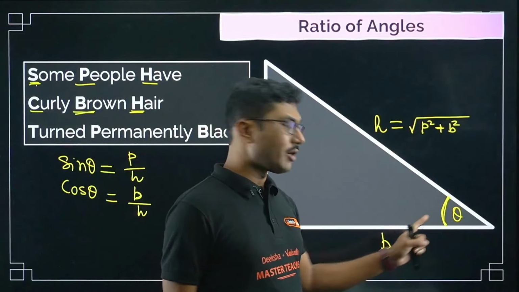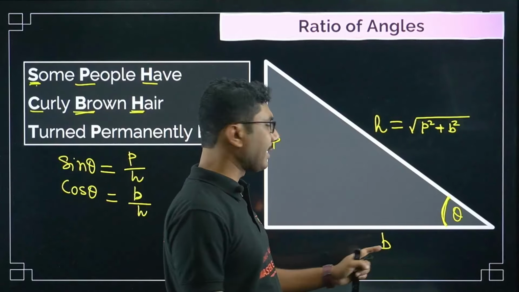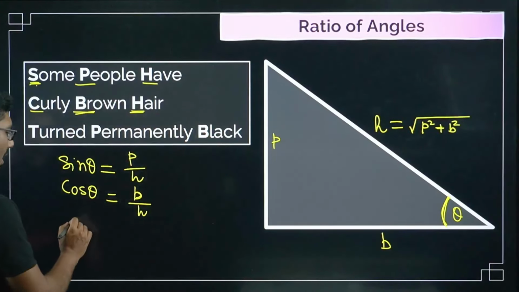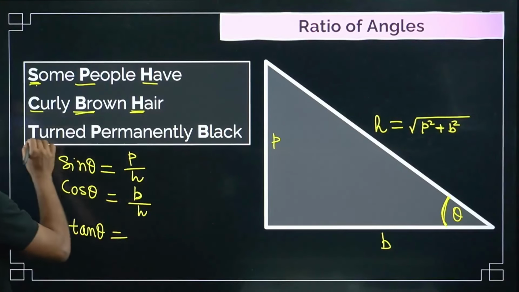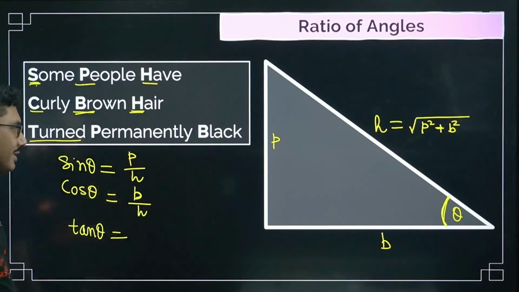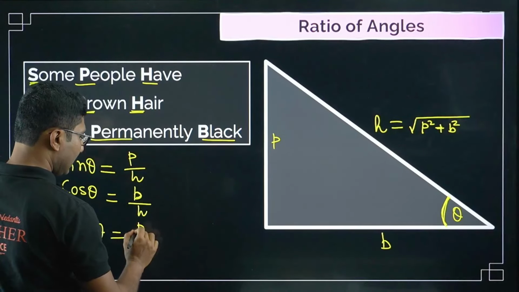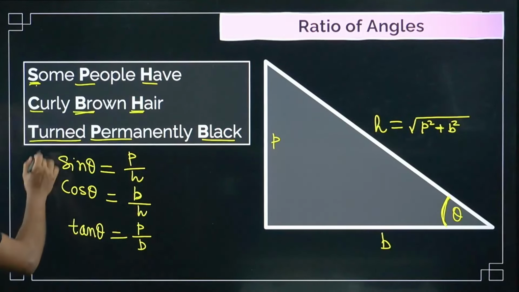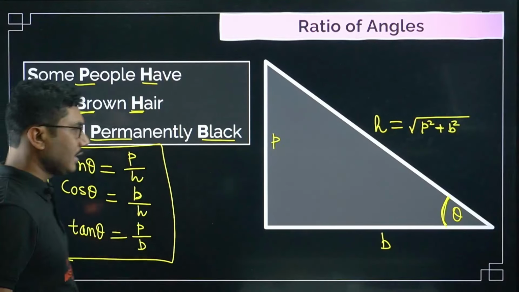Based on the angle, you have to decide which is base and which is perpendicular, and once you have determined that, you have to apply this to find the ratio. Then the last one is tan theta. Turned means obviously tan theta. Permanently black, P by B. So this is how you can remember the ratio of the angles.